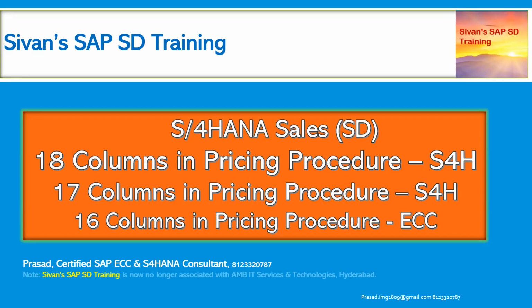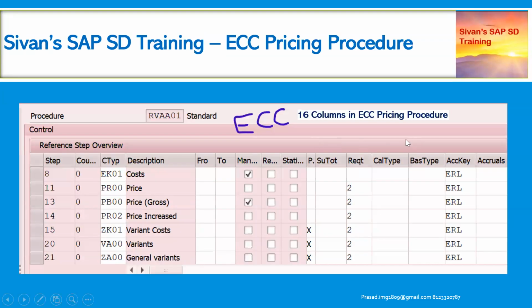Let us enter into the S4HANA sales and the ECC 16 columns, how it looks. So this is the ECC standard pricing procedure RVWA01, which has only 16 columns.